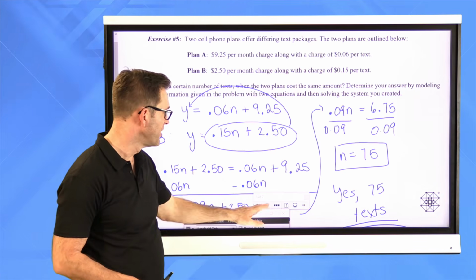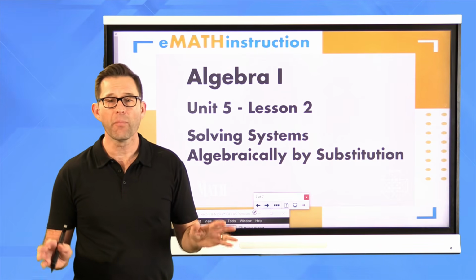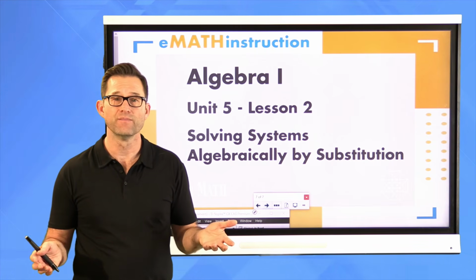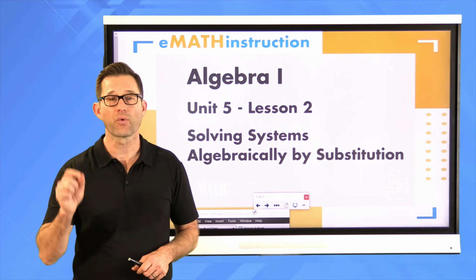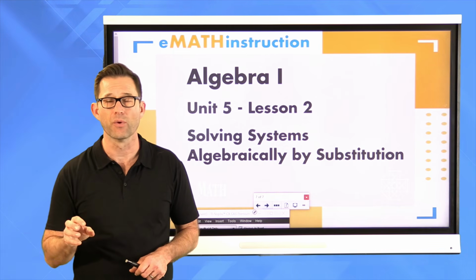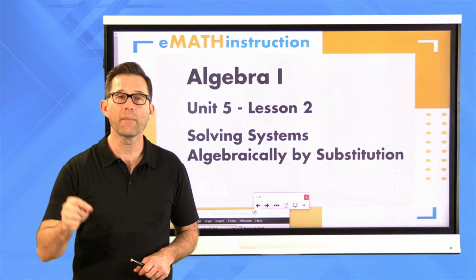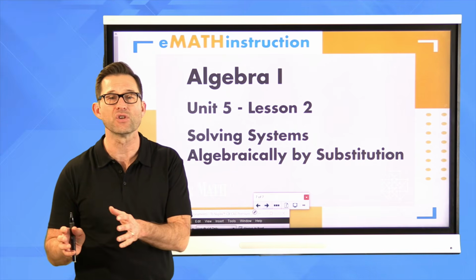All right, let's finish this thing up. So we've now had a couple lessons on systems of equations, right? Two or more equations with two or more variables that we are trying to solve to find the values that make all the equations true. One of the absolute primary ways that we do this is by substituting one equation into the other.